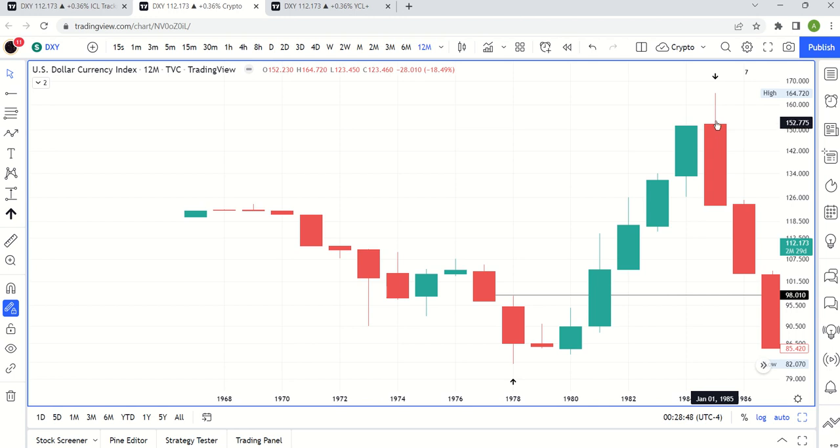So all that to say, it had a blow off top in 1985, right? The Dixie did. And then it just came down and reversed hard, and it closed at 123.46, which was basically at the lows, just a few basis points off the lows.